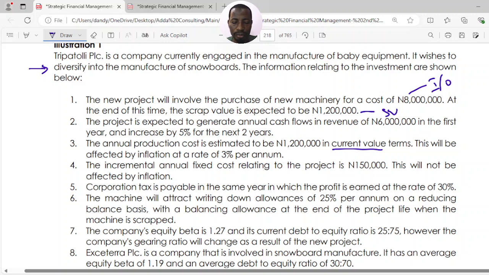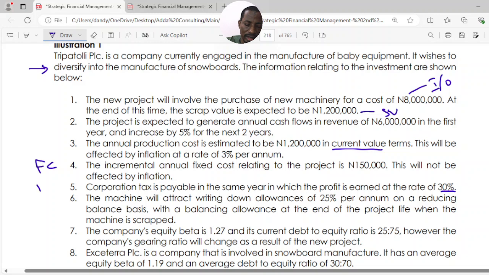Then number 4, the incremental annual fixed cost relating to the project is 150,000 naira. Here is the fixed cost. It's relevant because it's incremental. We are told that this will not be affected by inflation. No inflation rate on the fixed cost. Number 5, corporation tax is payable in the same year in which the profit is earned at the rate of 30%.